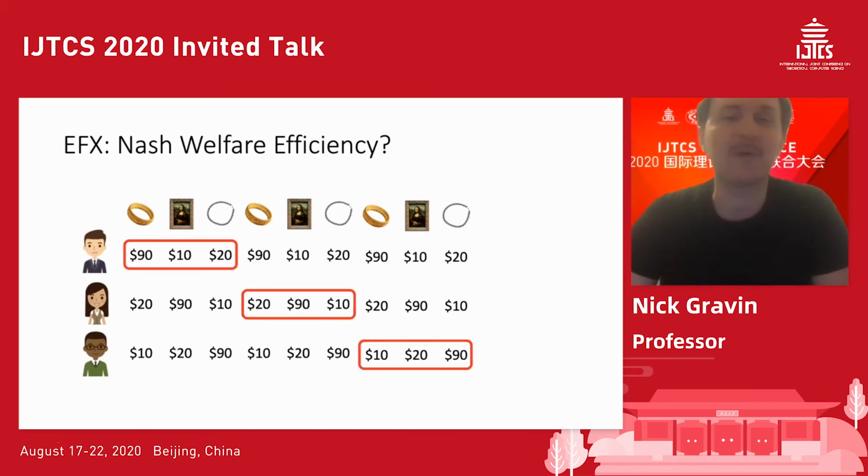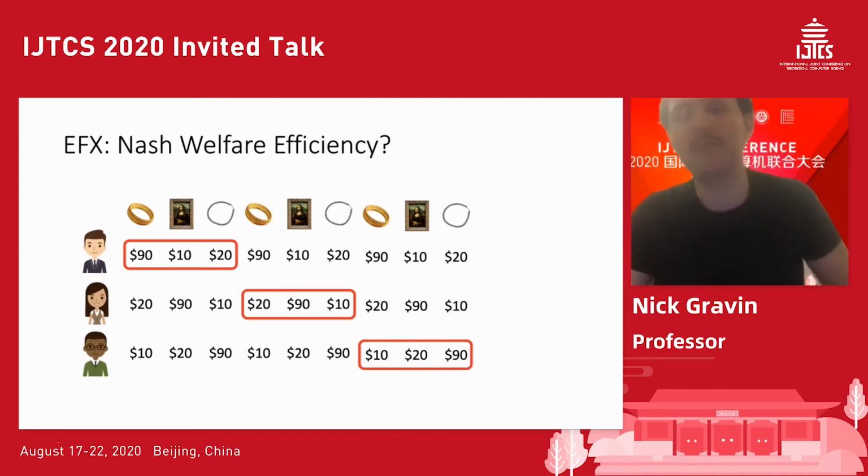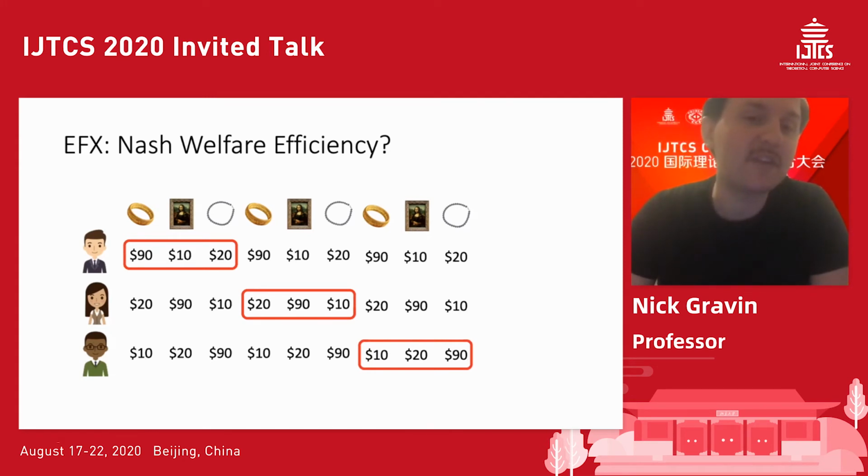Everyone gets 1 set of goods. And what is the Nash welfare of this allocation? So the first agent gets 90 plus 10 plus 20, so it's 120. The same for the second, and the same for the third. When we take the geometric mean, it's 120, right?